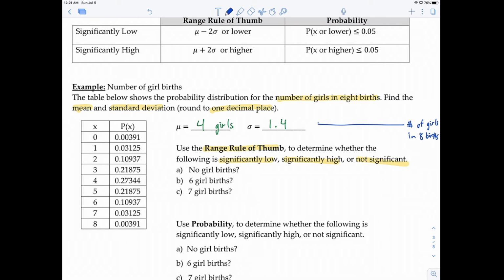In the middle, which is what we expect, the number of girls expected, which is the mean, is 4. According to the range rule of thumb, significantly low values are 2 standard deviations below the mean or lower: mean minus 2 times the standard deviation. Let's calculate that.